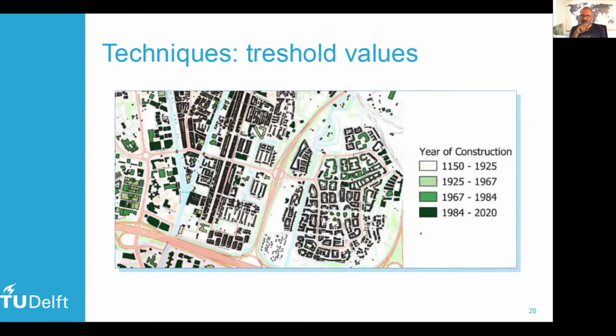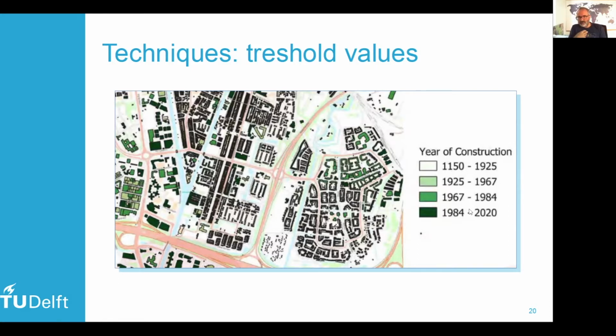This makes me wonder, and I'm not into this building period thing, why these threshold values were chosen. Like 1925 and 1967 and 1984, those are the values that were picked to change the classes.